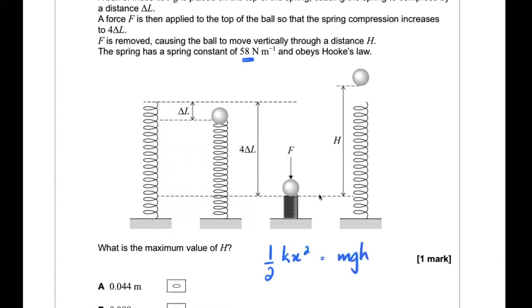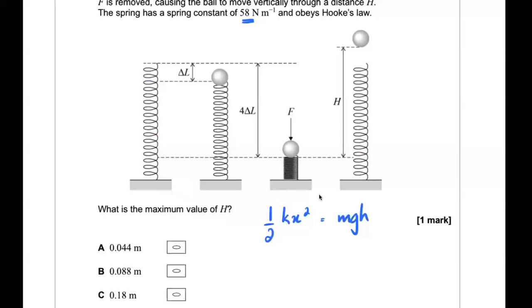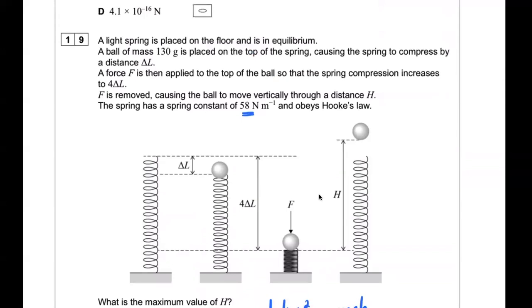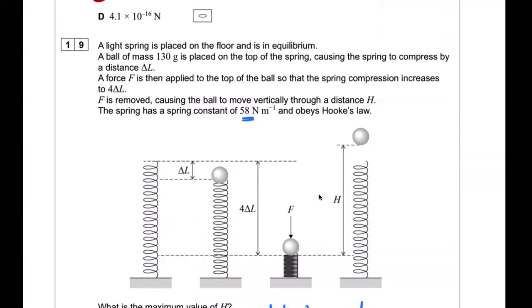So I know half spring constant is 58. The compression in this case, when it's pushed all the way down, is 4 delta L. So that's 4 delta L squared, but I don't know delta L, right? Okay, but I do know this.